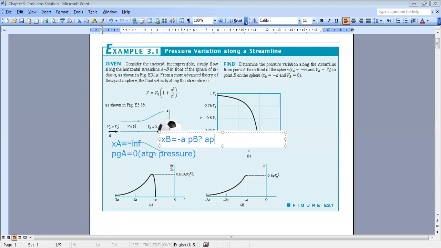So we apply Bernoulli between A and B, okay. What is the Bernoulli equation?